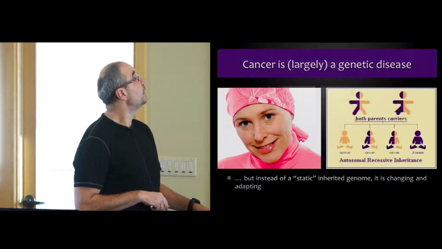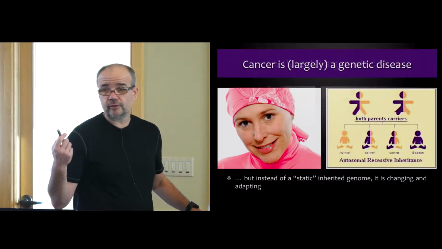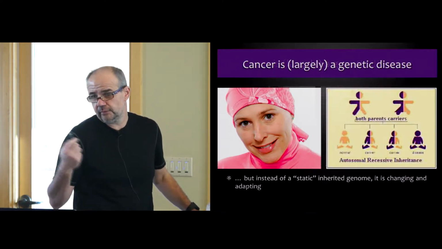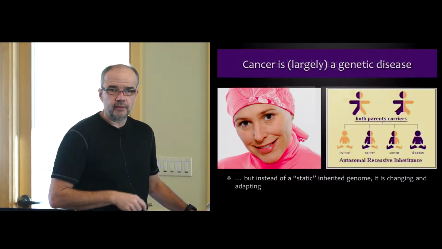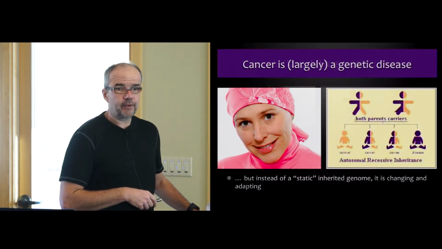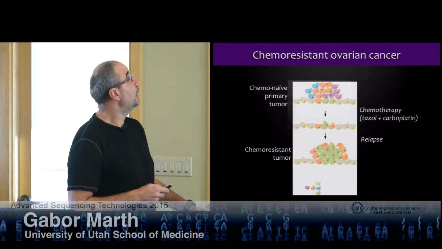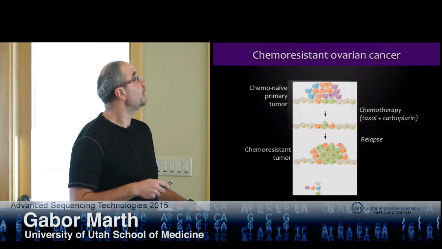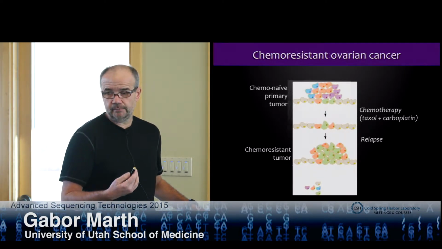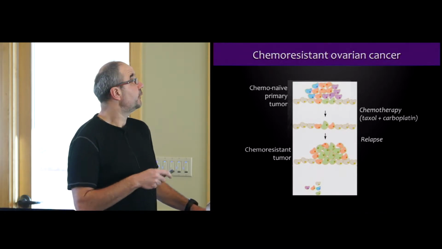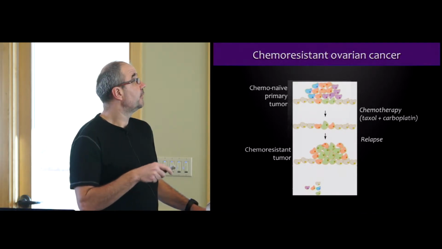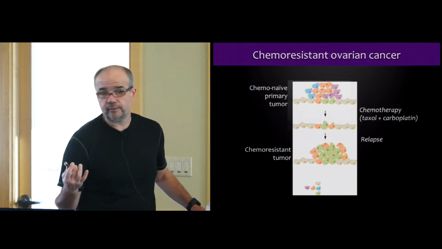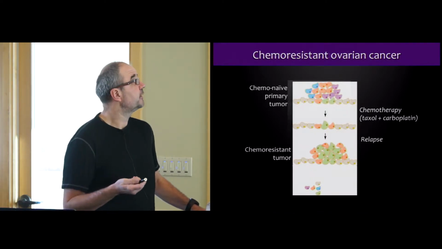But just because a mutation is somatic, it's still genetic, it still affects your genome. So many of the methods that we use for studying inherited variation still apply. And so tumors are able to evolve rapidly, which means, for example, that once you develop ovarian cancer, the cancer is able to evade chemotherapy and develop chemoresistance.